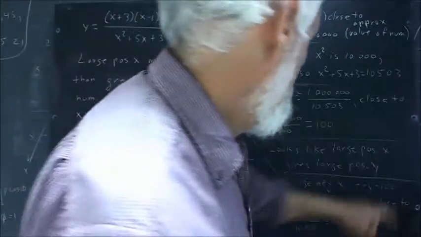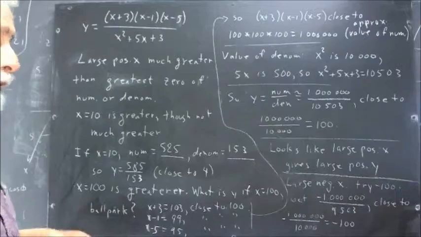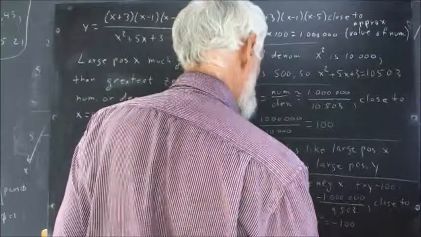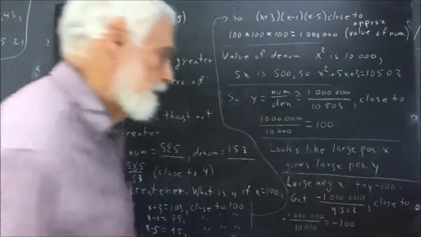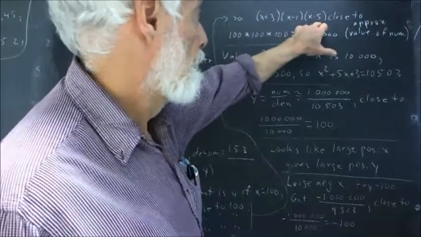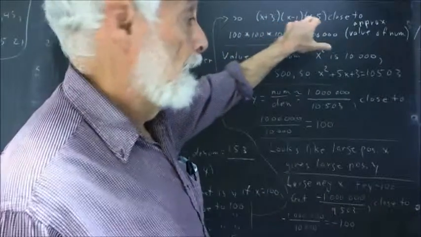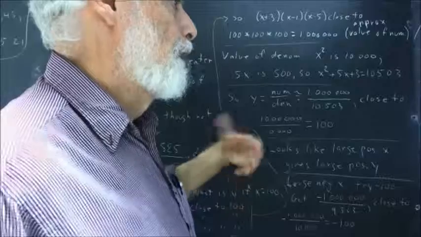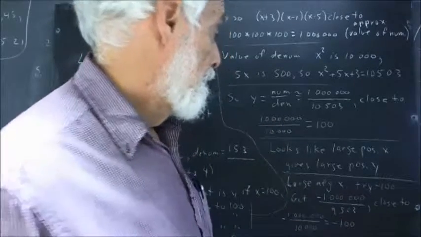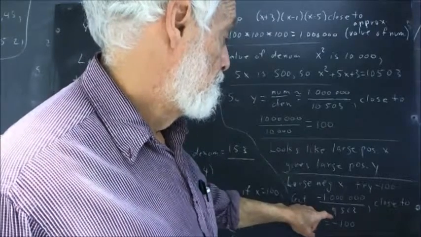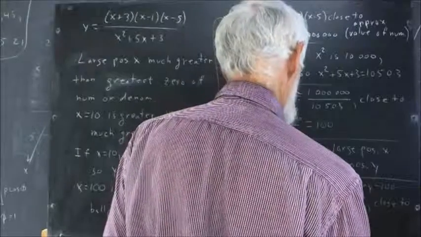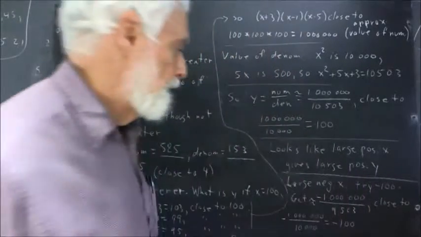Well, let's try negative 100, since 100 worked pretty well for us. I didn't work through the details. You should work through the details. Negative 100. All these factors will be near negative 100. A negative times a negative times a negative is negative. 100 times 100 times 100 is still a million, so we're going to get negative a million over the denominator.